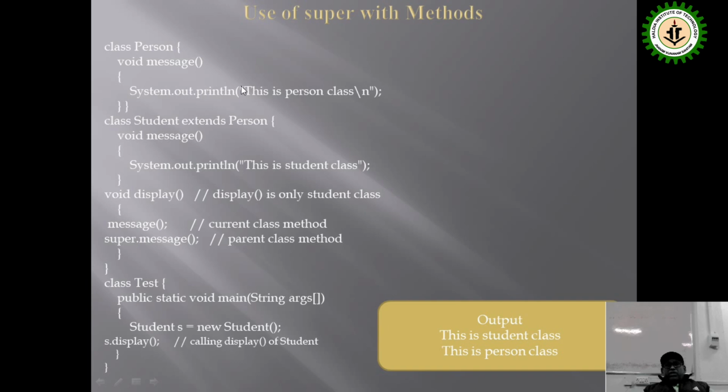Next I create the child class Student extends Person. A student is a person, so Student is the child class. It has the same method, void message, and I define its message too: this is the student class.